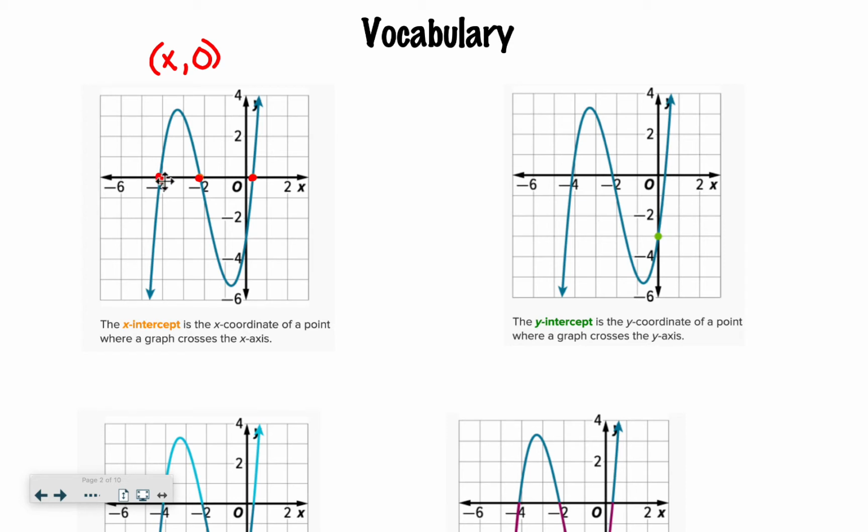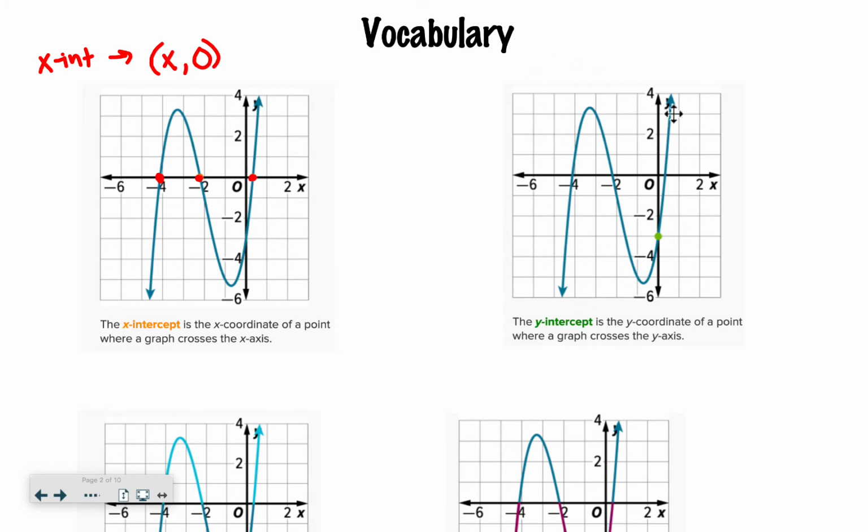If I asked you where that is on the coordinate plane, you'd say -4, 0, because I went left 4 and I didn't go up and down at all. So it's just -4, 0. This one is not right on -2, but it'd be written like -2.25, comma 0, and this one looks like maybe 0.25, comma 0. But the point is, x-intercepts you write as the number, comma, 0.